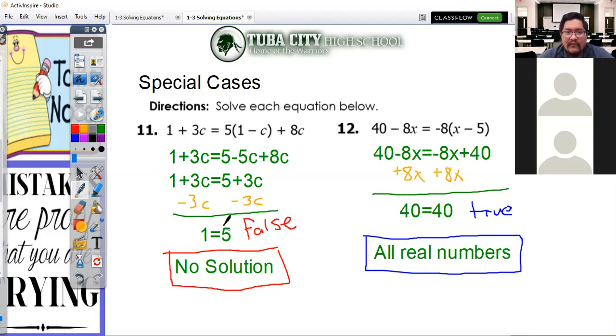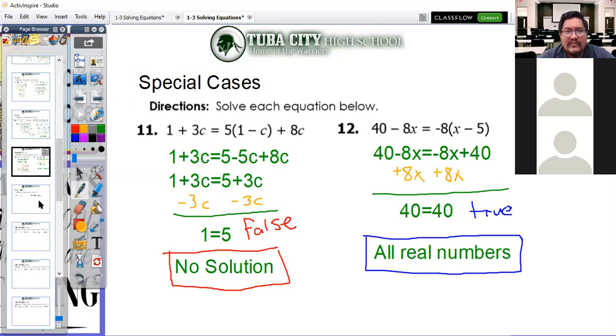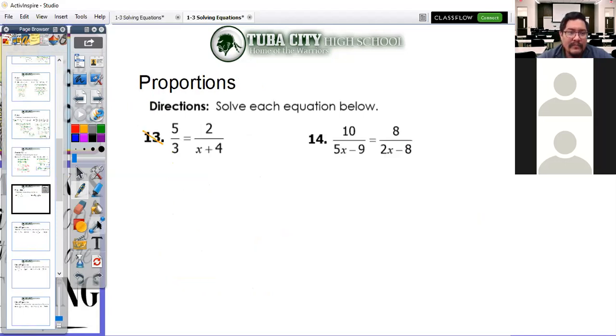I'm always going to get a false statement like 1 equals 5 or 76 equals 81 or something like that. I'm always going to get something that's not true. So again, those are the two special cases, and be careful because, well, I kind of wish these were more common. In the work that I'm picking, I try to get ones that do have these. So it is worth learning the difference between a no solution and an all real numbers.